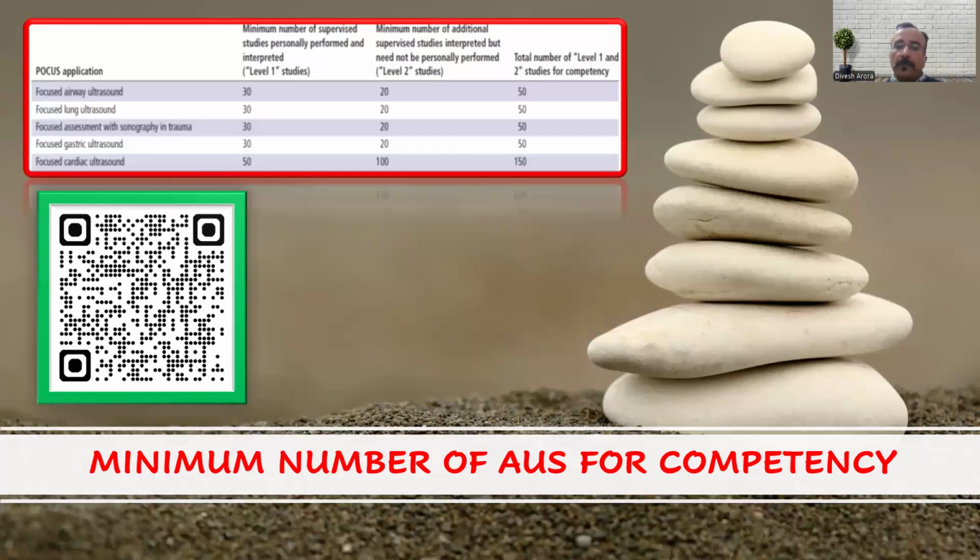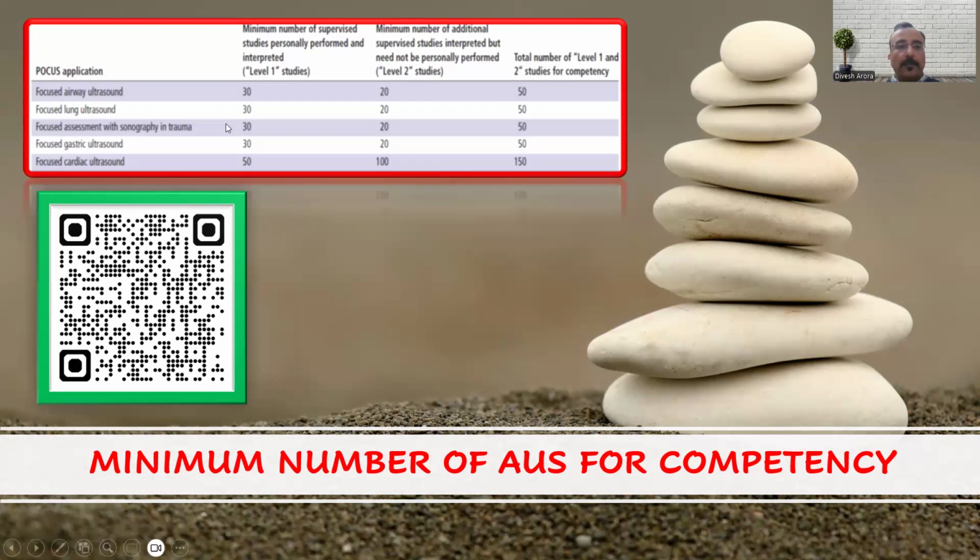What is the minimum number of airway ultrasound scans required for gaining competence? Again, ASRA colleagues have published that in two categories. One is level one studies, where you are performing and interpreting under guidance. Level two studies are those interpreted by you, but they may not be personally performed by you.